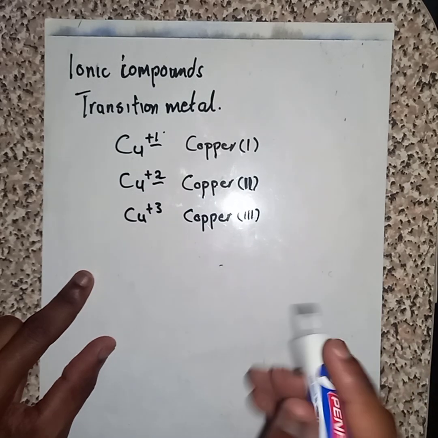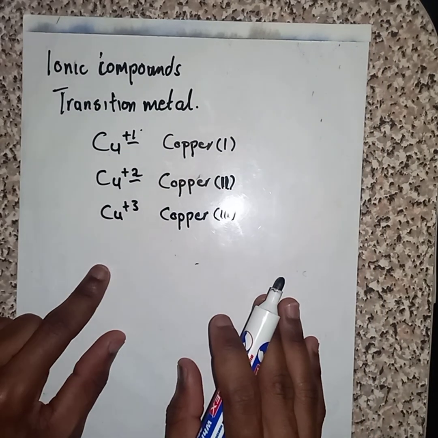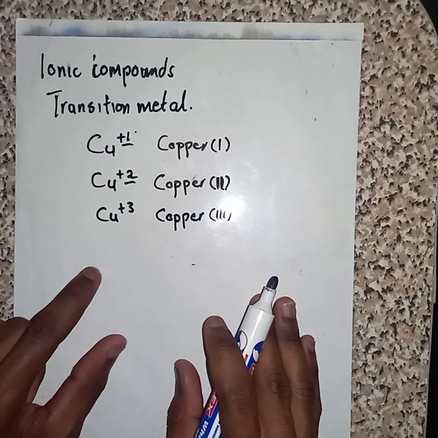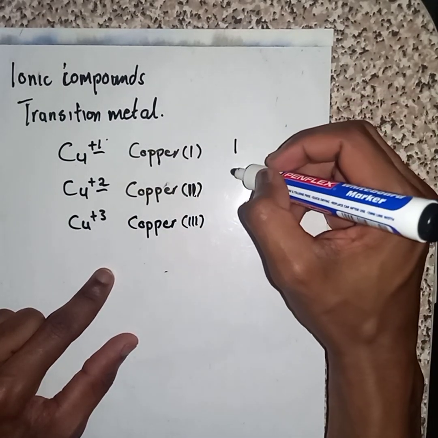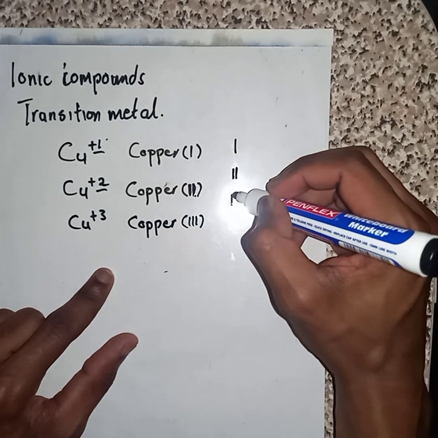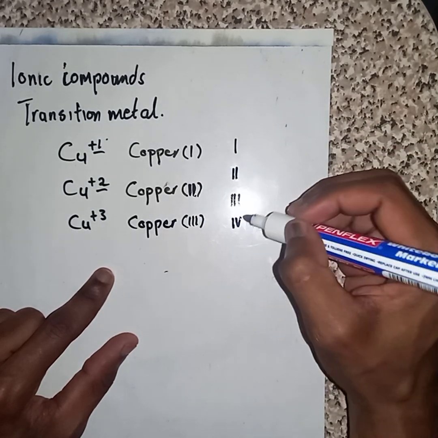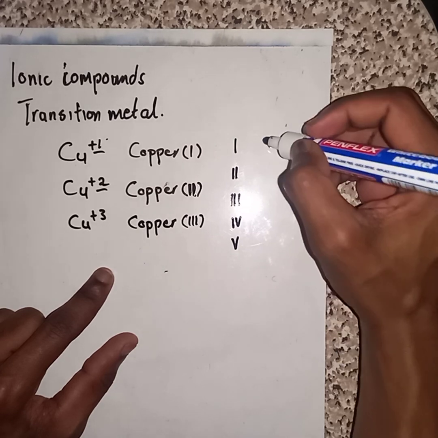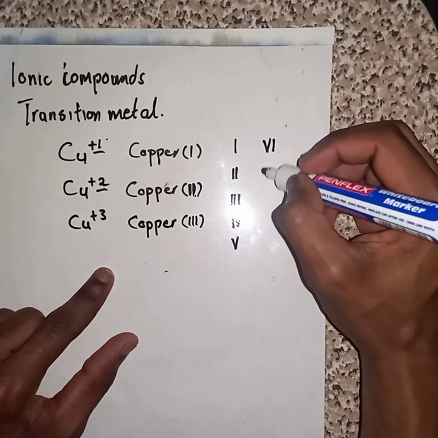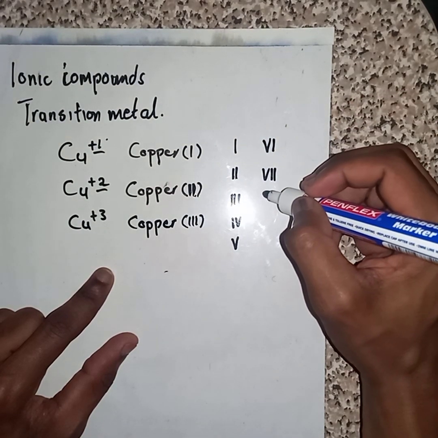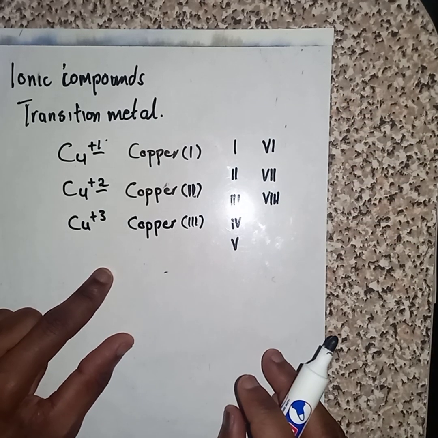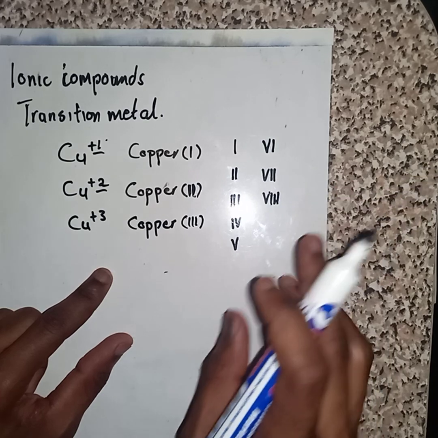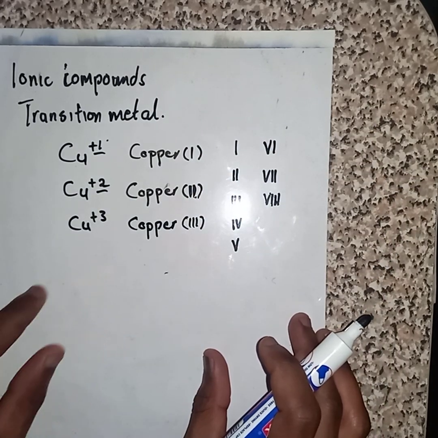As a learner at this point, you must know your Roman numerals, because you still remember that this is 1, this is 2, we have 3, we have 4, 5, we have 6, we have 7, we have 8. See, so simple. Then these are our Roman numerals.